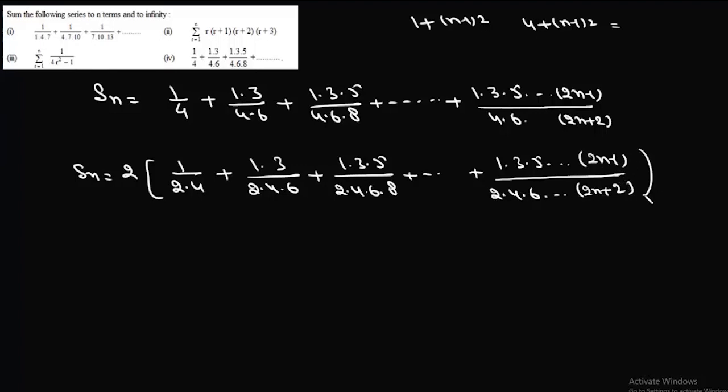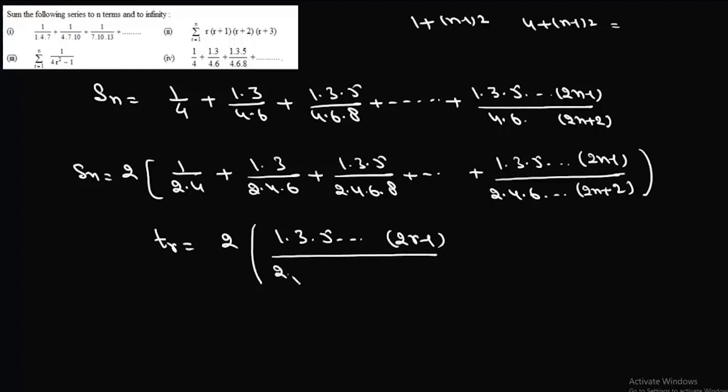2n plus 2. Now its general term, the rth term, will be 2 into 1, 3, 5 up to 2r minus 1, and in the denominator 2 into 4 into 6 up to 2r plus 2. Now because we have to use the method of difference, somehow we have to express it as a minus b.